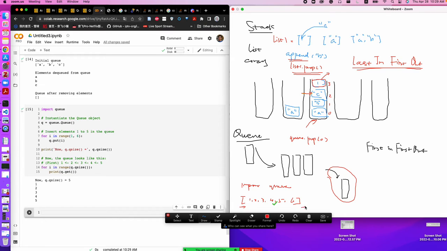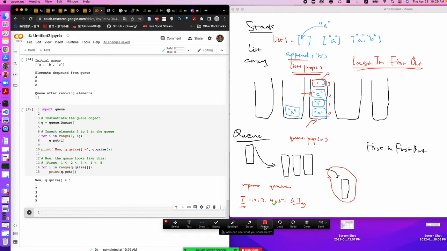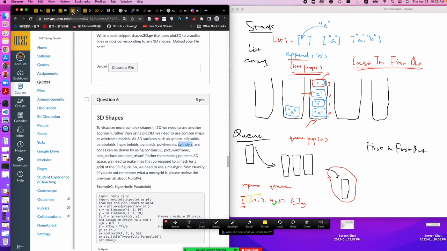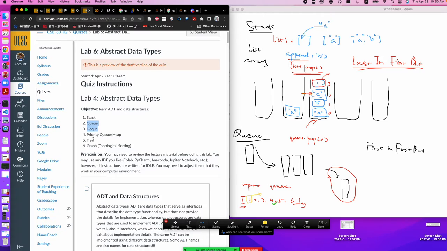This is the tail of the queue. So by using this queue.get, this element was dequeued first, right? So I think this is the introduction to queue and dequeue data types.